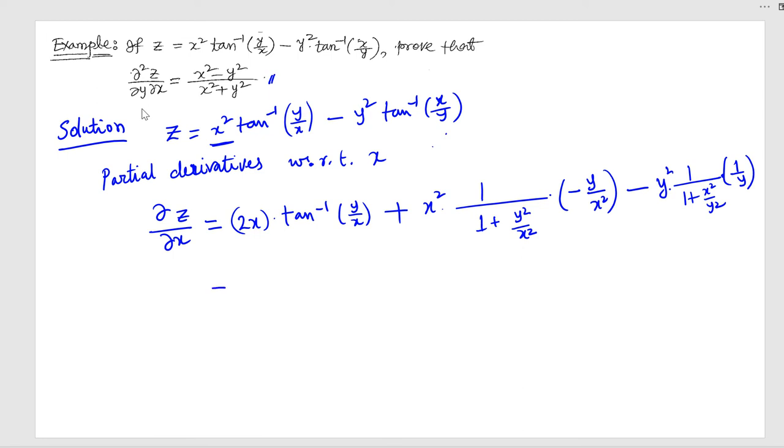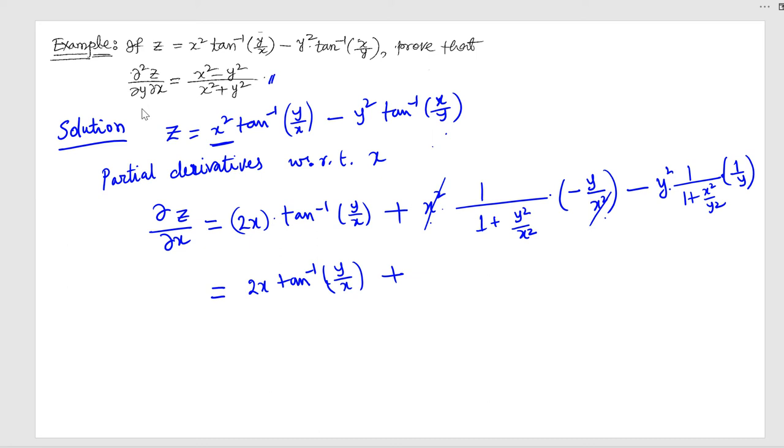Now if you try to simplify, let us do it. So this is going to be 2x tan inverse y by x plus, so this is x square, here is also x square, so this one and that one will get cancelled.